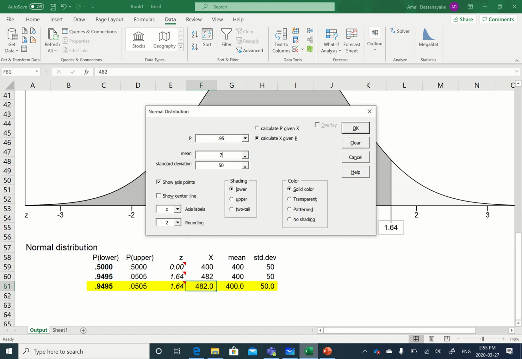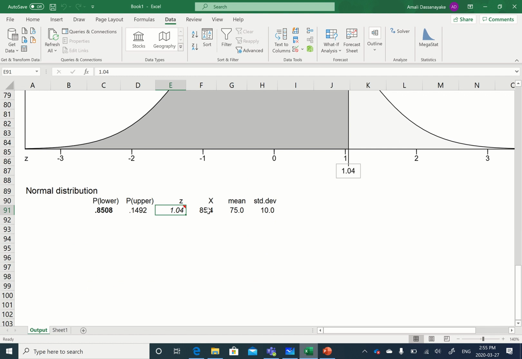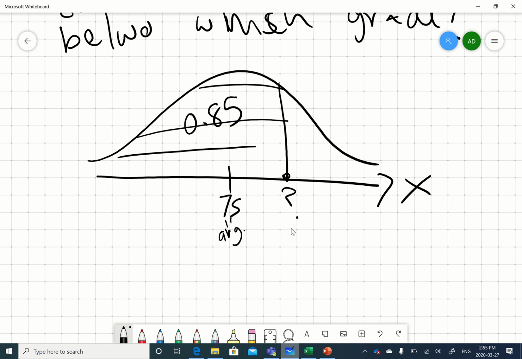Mean is 75, standard deviation is 10, probability 0.85. Here you go. 85.4 is the x reading. So 85% of the scores in my class are below 85.4.